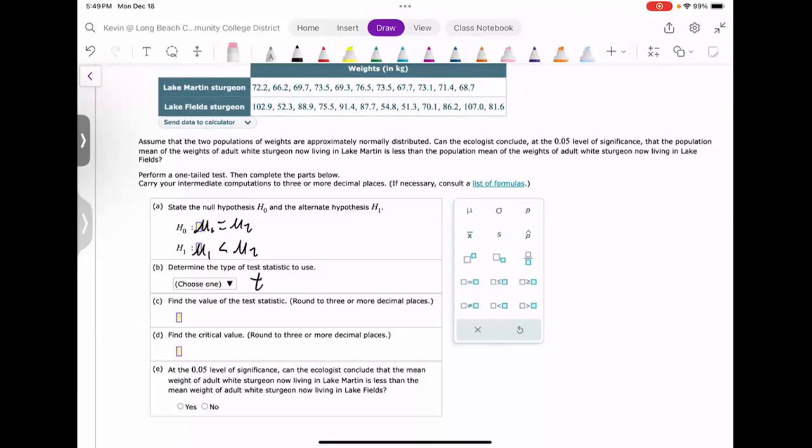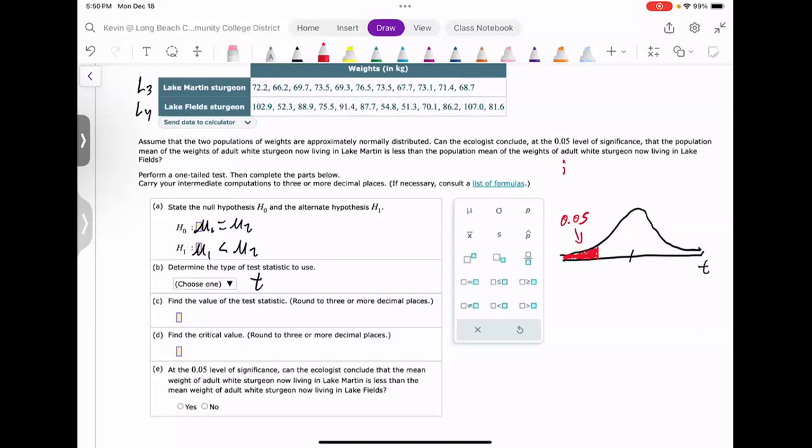And let's draw our t distribution. And this is less than, so it's going to be a left-tailed test. And our alpha in this case is 0.05.